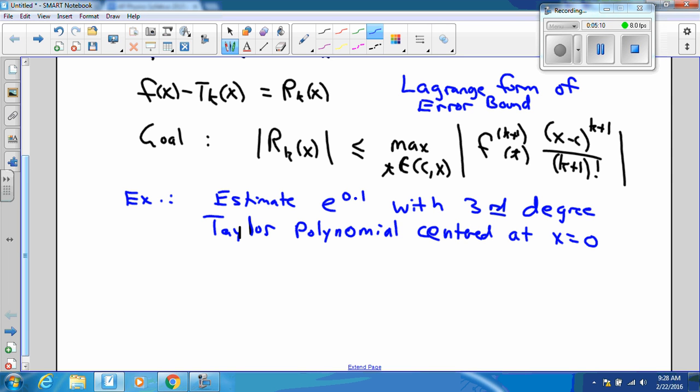And then once we have estimated that, we're also going to find a bound for the error in this approximation.